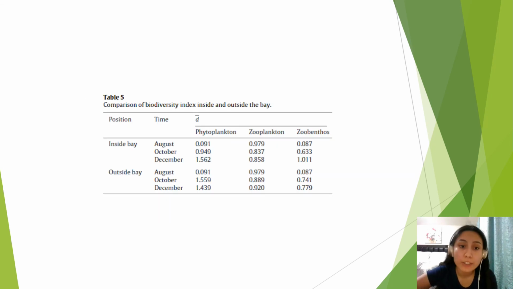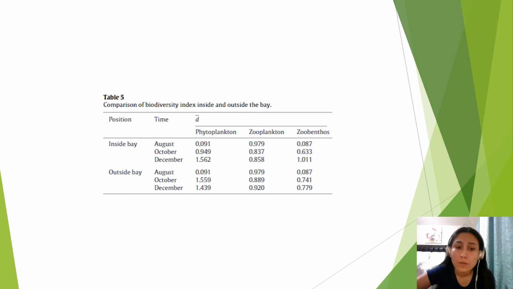They also measured the biodiversity index inside and outside of the bay. So the biodiversity index was measured through the Shannon-Wiener equation, and that's not particularly important, but it's just a reference on how they measured that index. And they measured the biodiversity inside and outside of the bay.